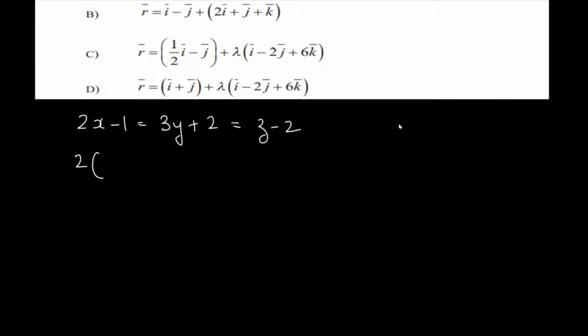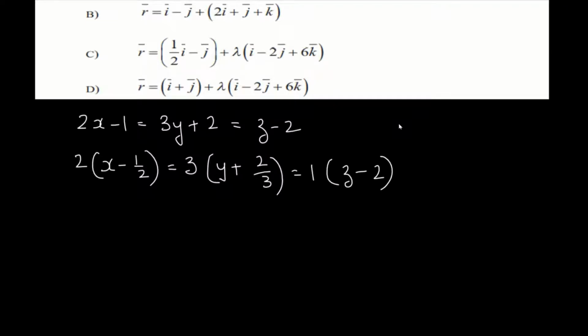Look carefully. In the bracket, we get x minus 1 upon 2. In the second expression, we take 3 common, so we get 3 into y plus 2 upon 3 is equal to, in the third expression, we take 1 common, z minus 2, because we want x, y and z without any coefficients, as in the Cartesian equation form.